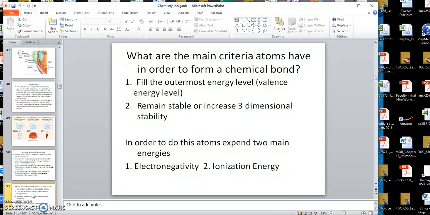Okay? In addition to that, though, when you fill the outermost shell and the 2 atoms are more hooked together, they must be stable in 3-dimensional space because they've got to form a small geometric formation, and it must be stable.